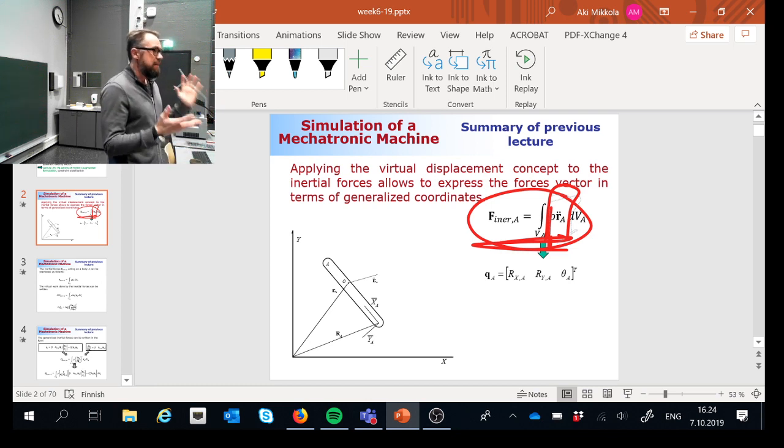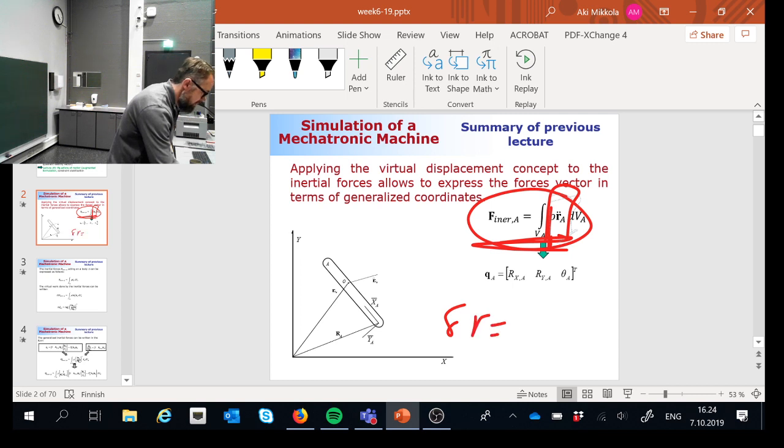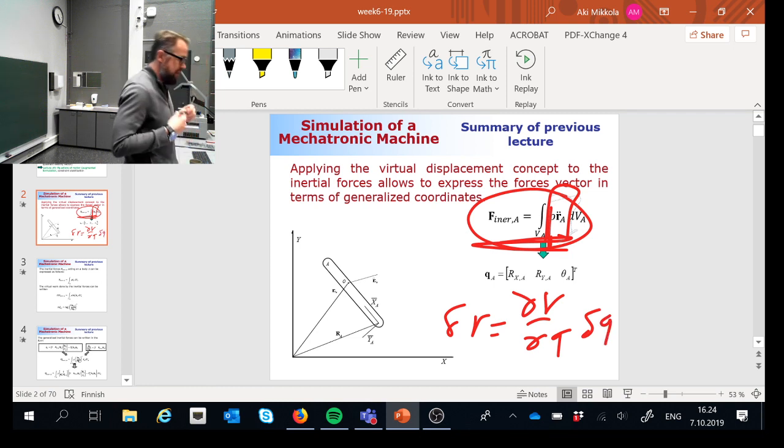That relation can be found when we look at how the virtual displacement, the vector r, can be expressed. Remember, the vector r is a function of generalized coordinates, and that's why it is possible to express it like shown here, partial r, partial q. I'm using my handwriting, so it is a bit unclear.